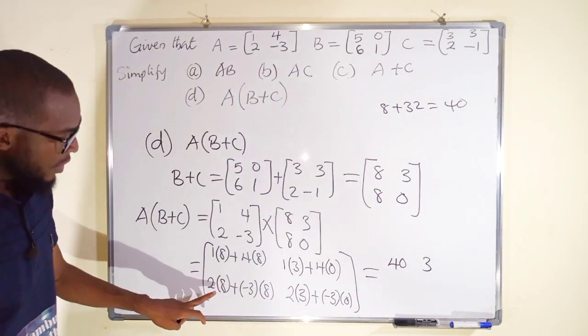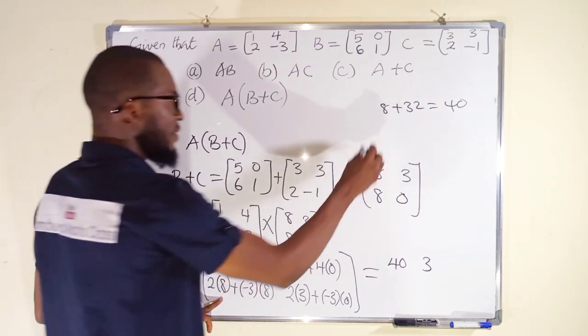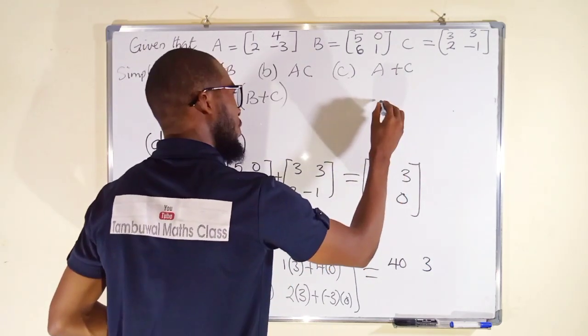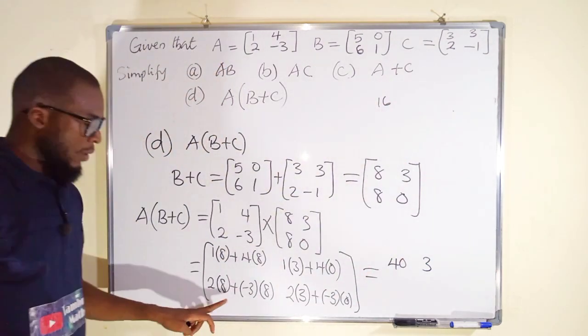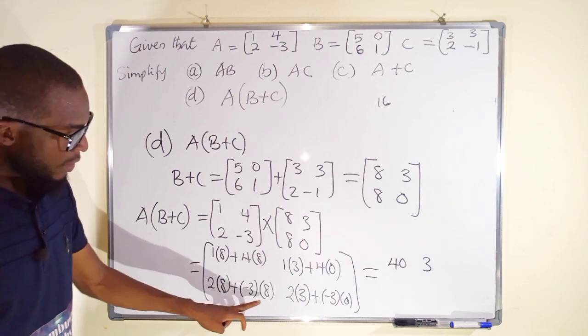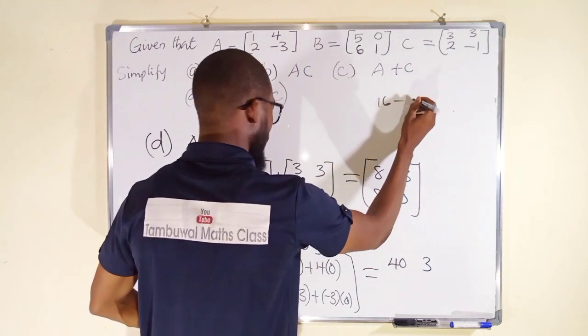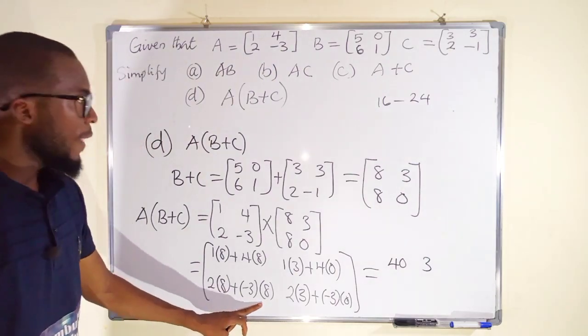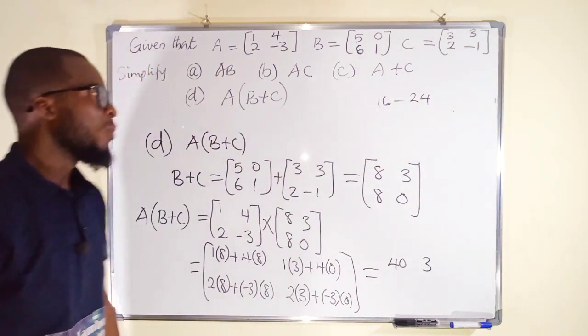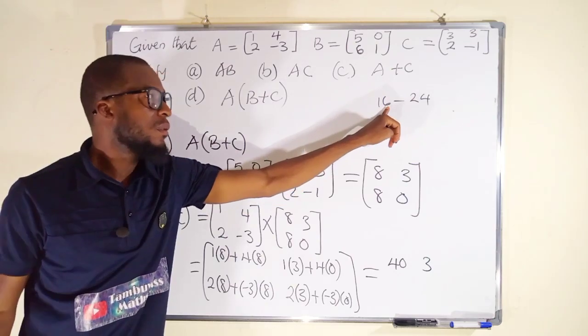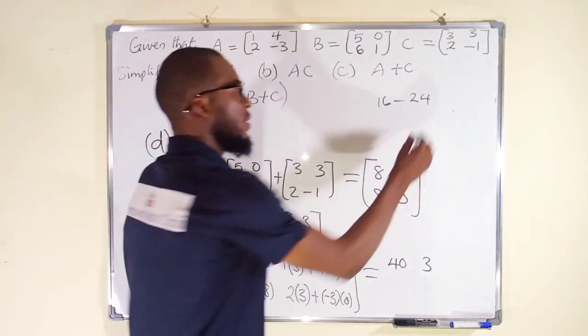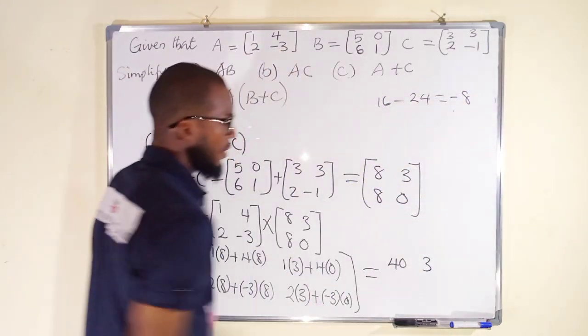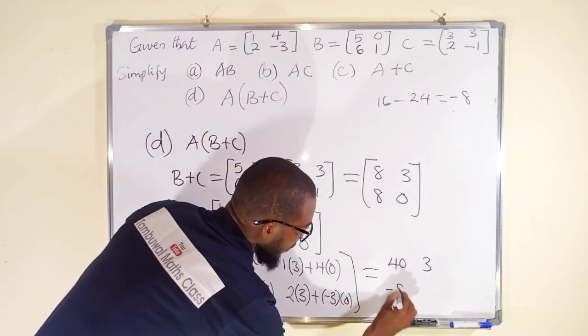Coming down here, we have this time 16, plus this time -24, because -3 times 4 is -24. Then 16 minus 24 is -8. So we have -8 here.